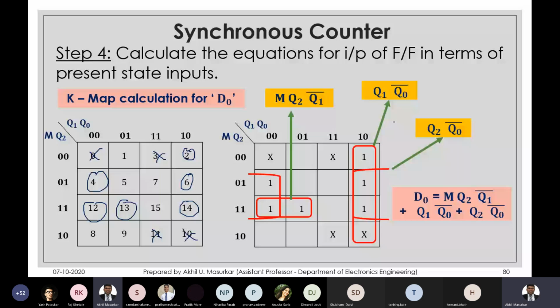Hemant, are you following this? Yes, sir. Go ahead with the implementation. Tanvi, are you following this? Yes, sir.